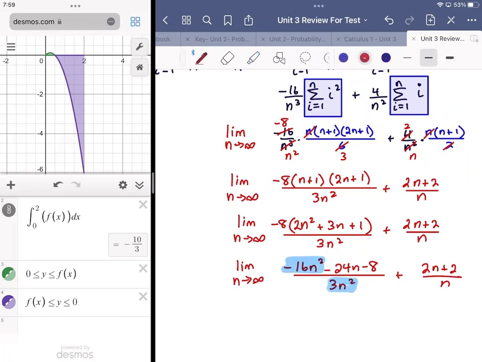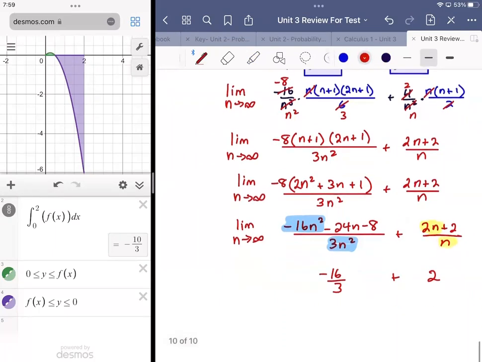Right, so this would be, by the end behavior model, negative 16/3. This would be just a 2. As a result, you would finally at long last get negative 10/3.